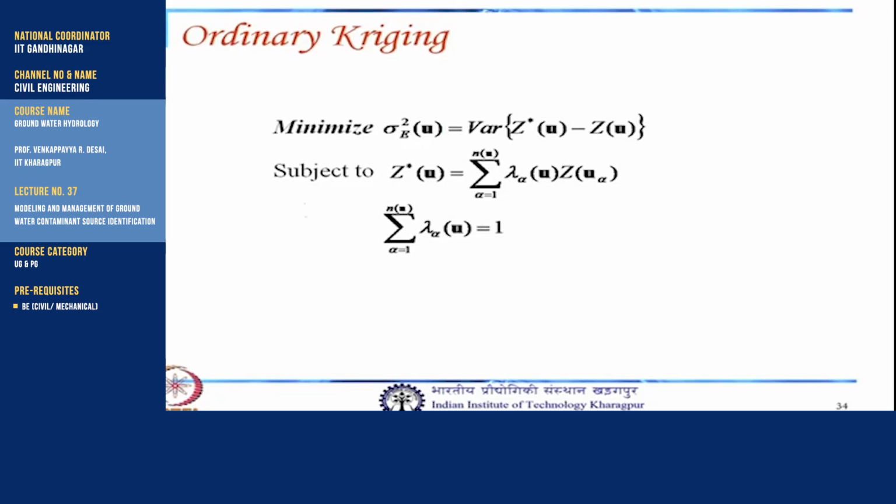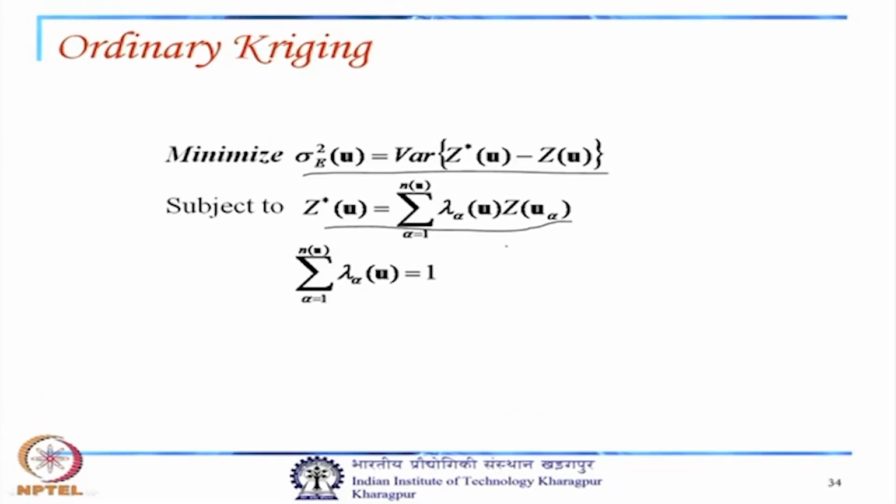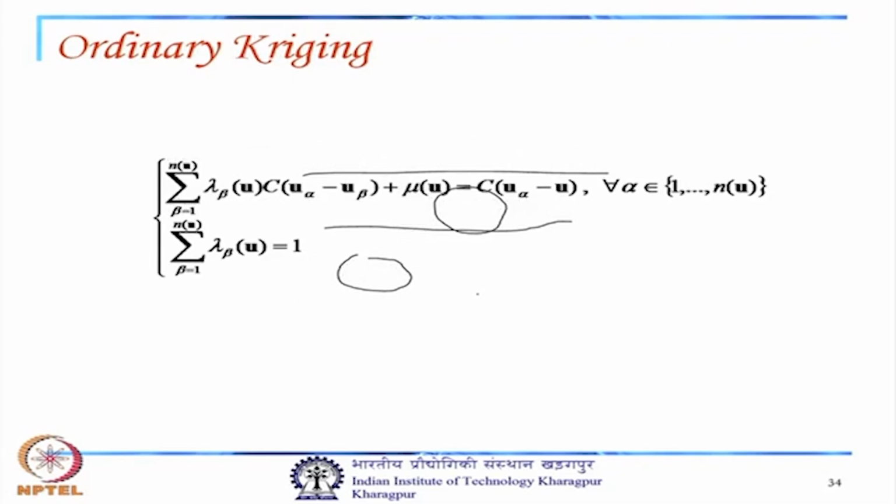Ordinary kriging is basically minimization of the estimation variance subject to our constraints, that is, the estimation in terms of these weights, and the weights should be such that the summation of weights is 1.